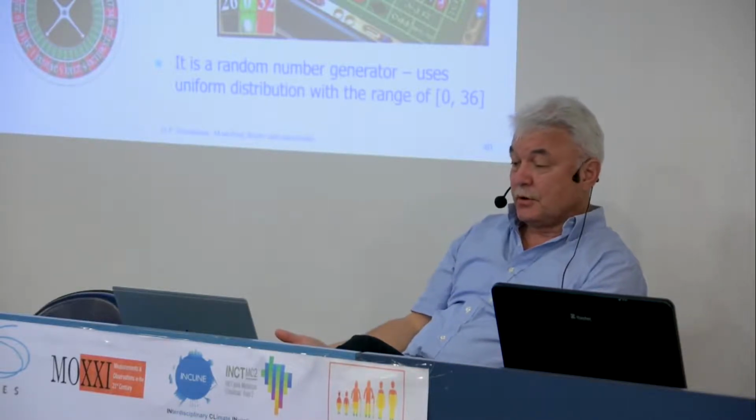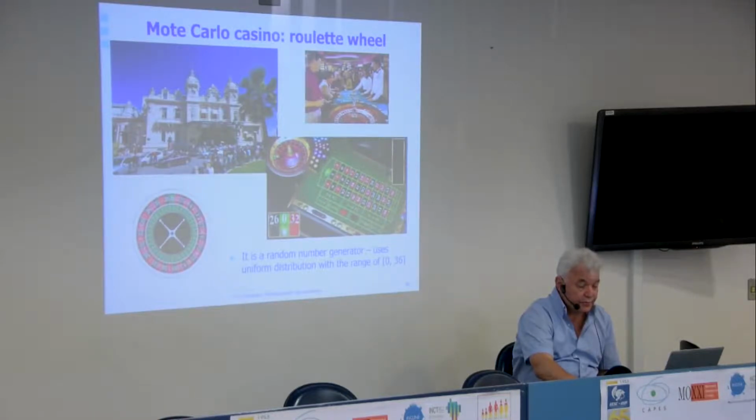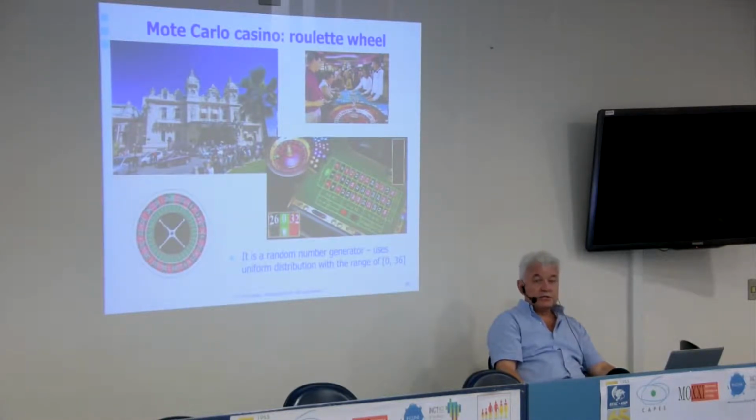So there is a random process going on. You assume you know the number. It's a random number generator, this wheel, roulette. It uses a uniform distribution in the range of 0 to 36. They say it's uniform at least. So it's some random process.